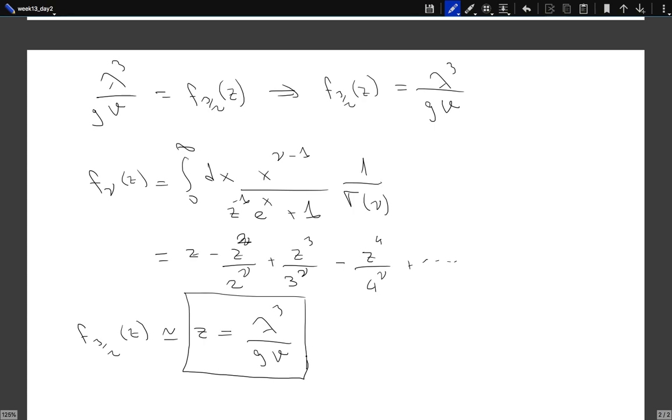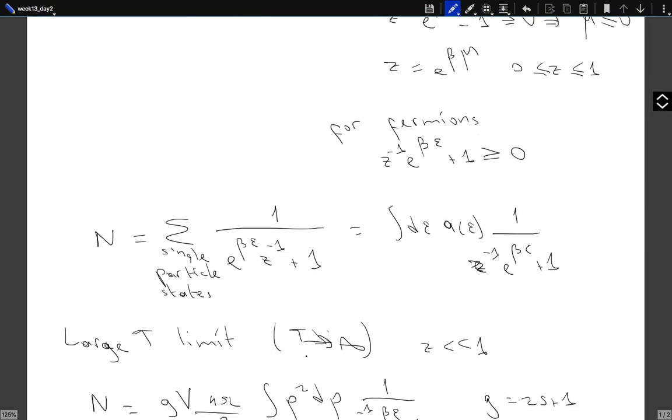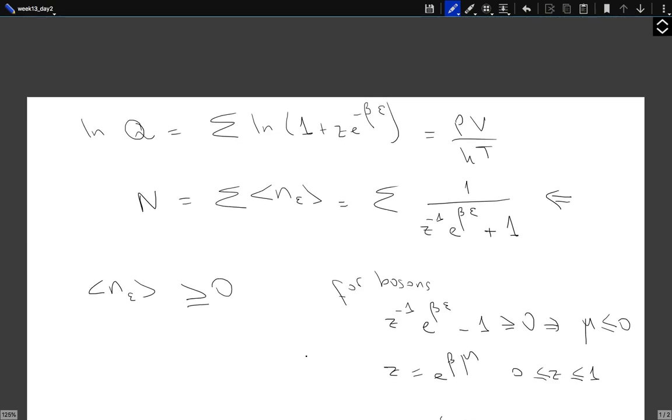Then we can look at the pressure of this system at large temperatures. Well, you see the pressure is given by this expression over here.